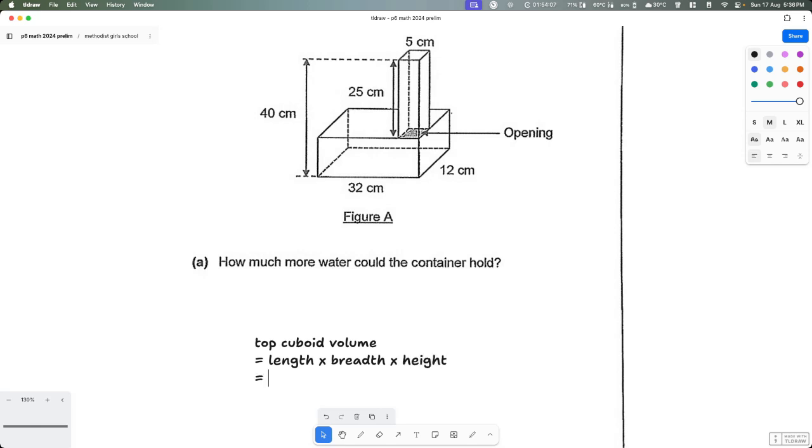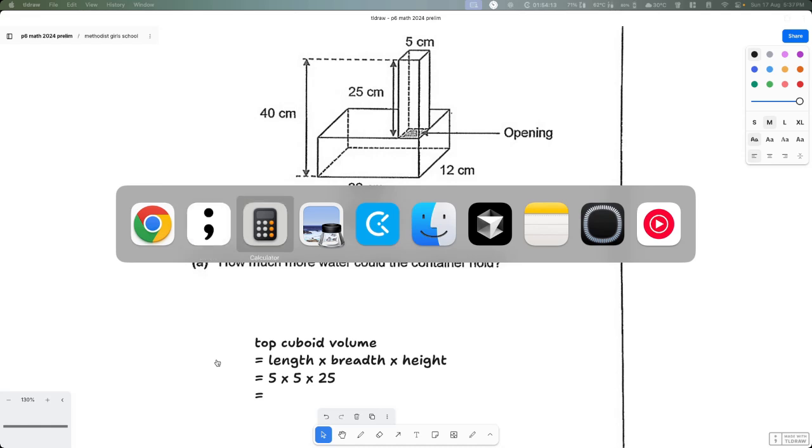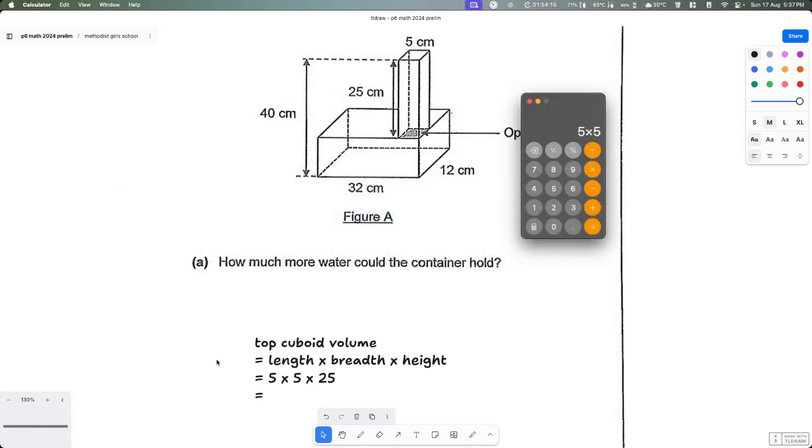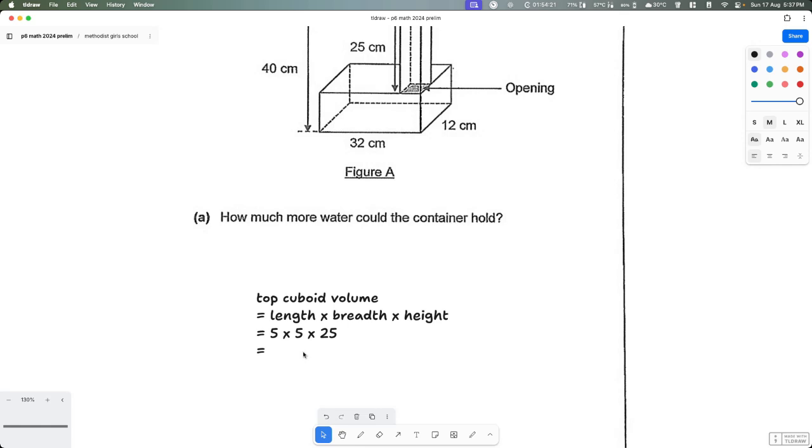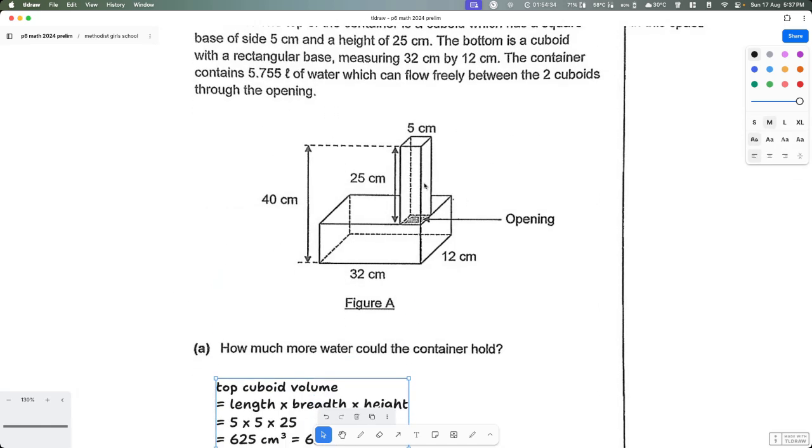So the length is 5, the breadth is 5, and the height is 25. So 5 times 5 times 25, this will give us 625 centimeter cube, or equal to 625 milliliters. So that's the top cuboid volume.